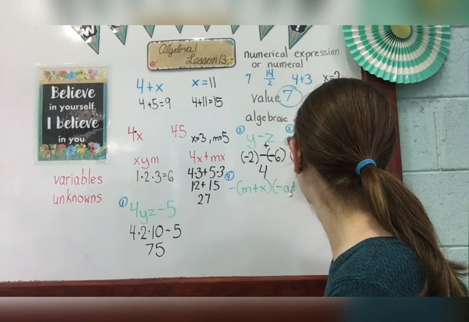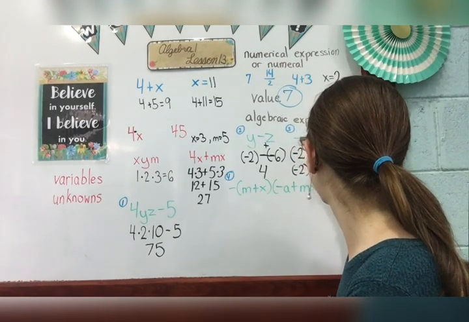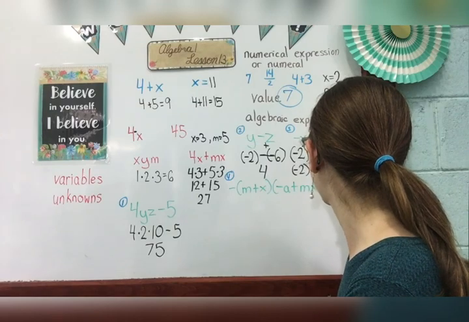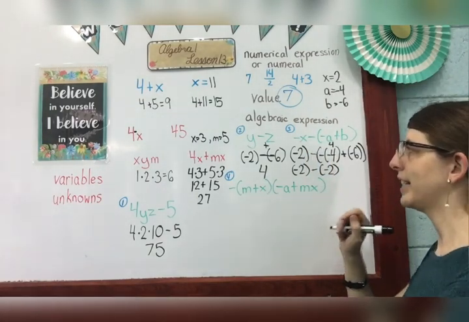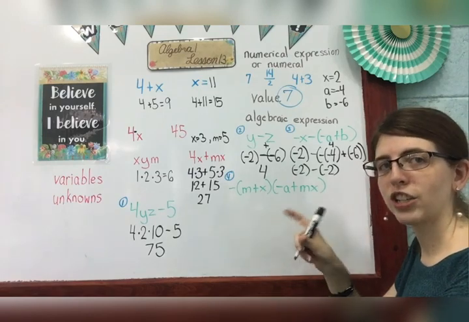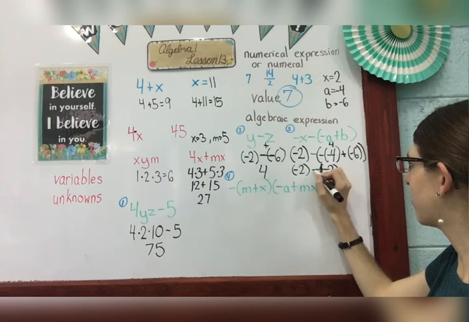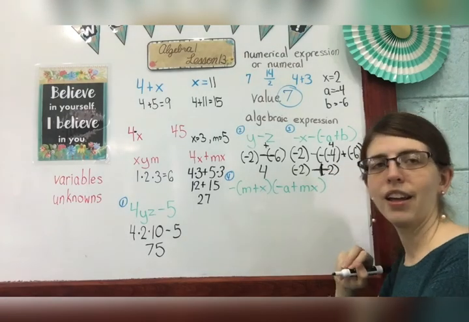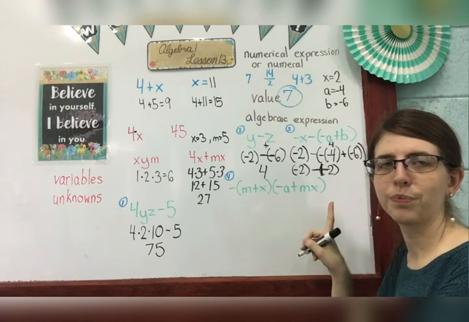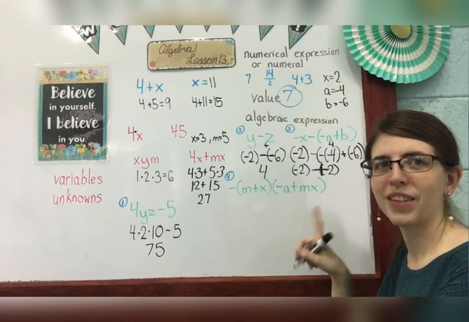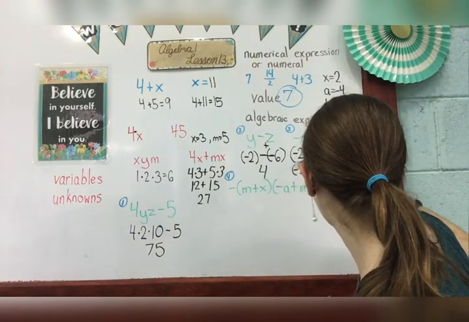So I have negative 2 minus a negative 2. Well, remember, anytime that we have subtraction of a negative, that's the same as adding. So this becomes a big addition sign. So I have negative 2 plus 2. Cancels each other out, right? And you get a 0 as your answer.